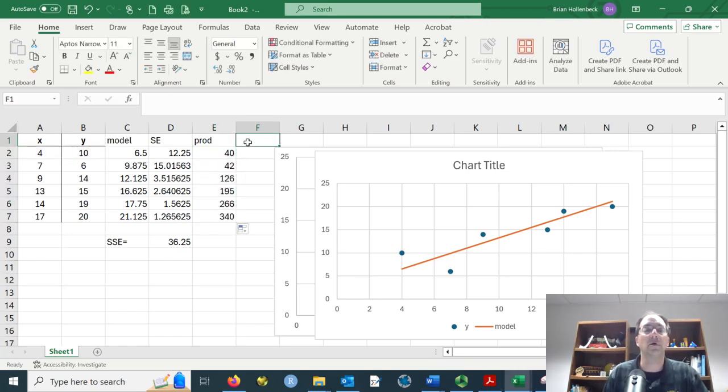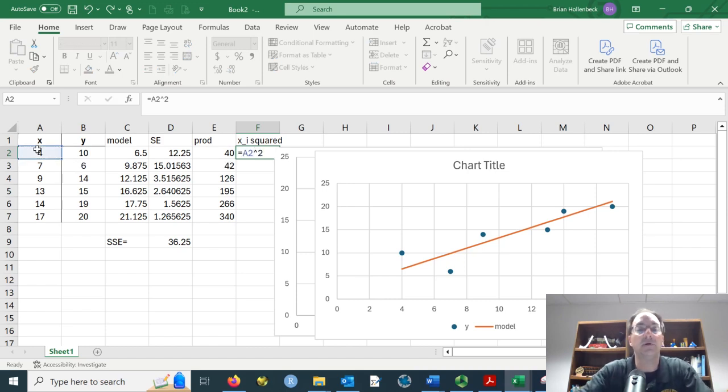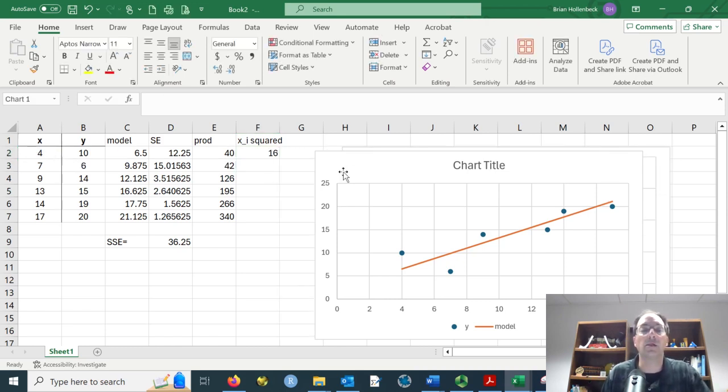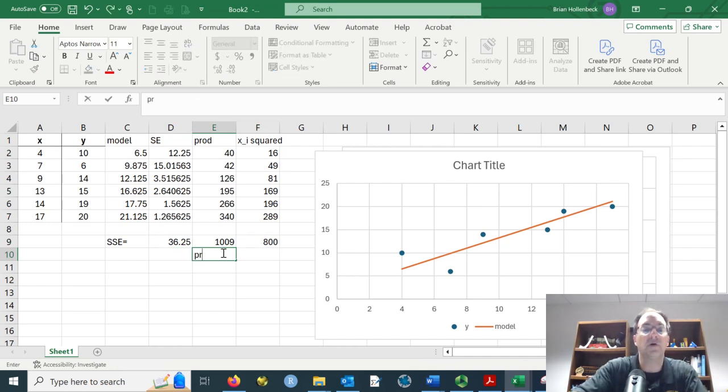And drag that down. And then xi squared. And that's just going to be this number squared, and then drag that down. And we want the sum of those as well. So this is the product sum, and this is the x squared sum.